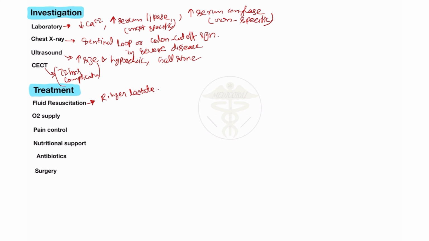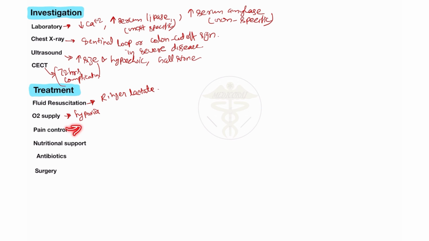Also, we provide O2 supply because hypoxia occurs in the patient. I already discussed organ failure, like the lungs, in severe cases, so oxygen supply is necessary.